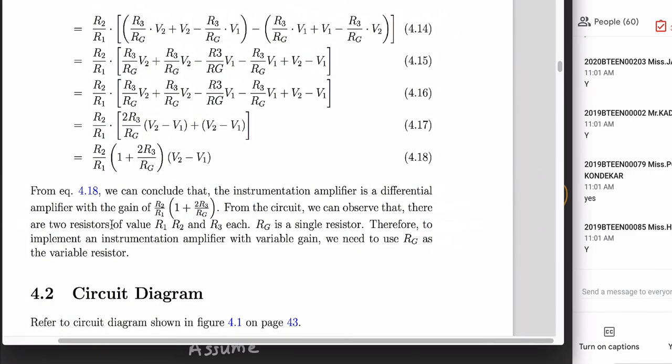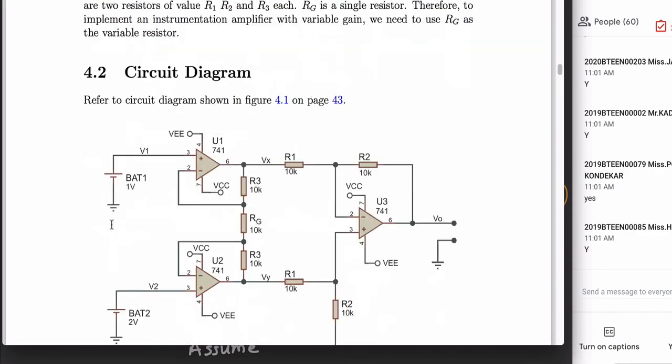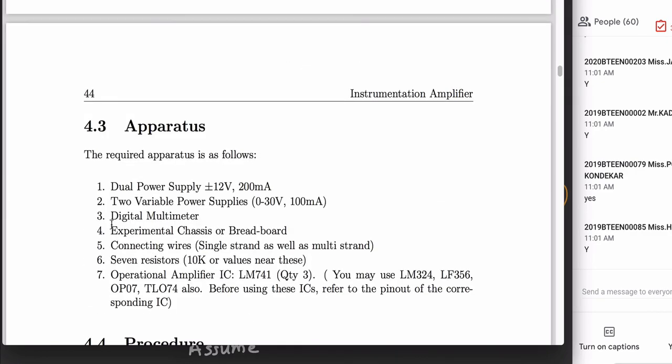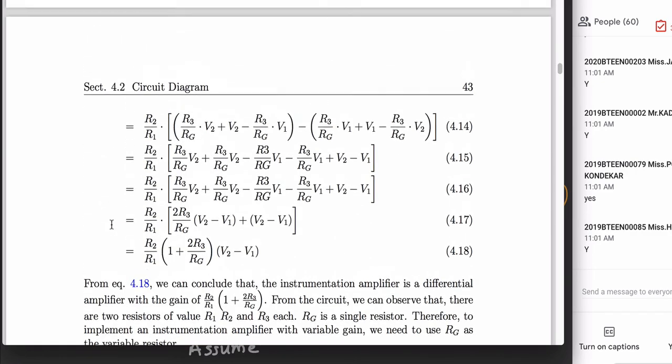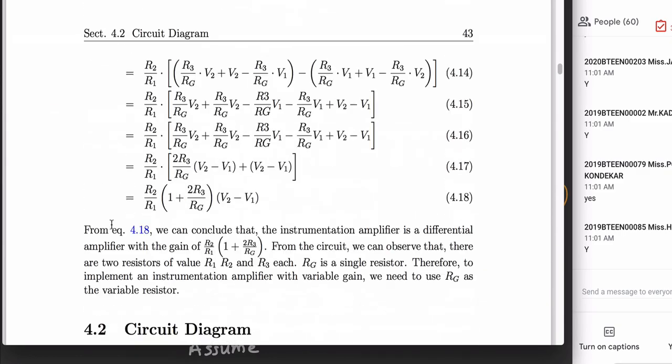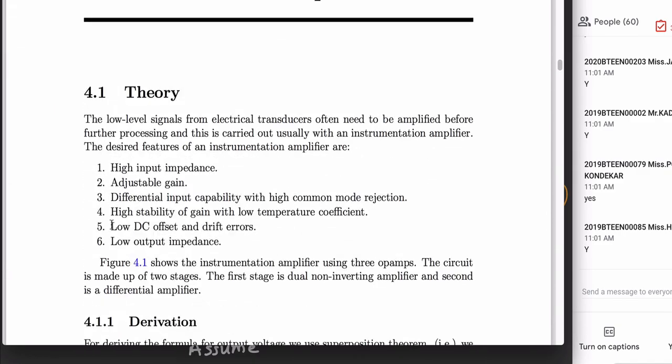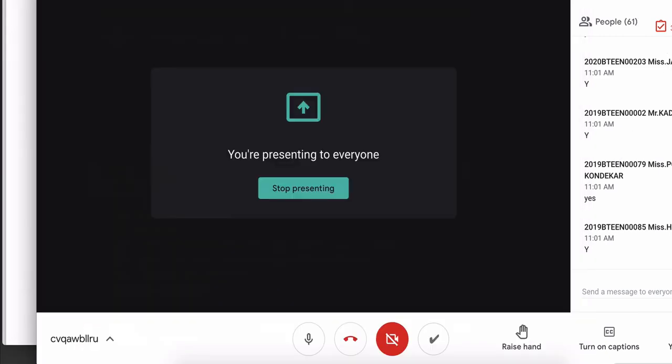So please go through this and read the experiment. Next time during the laboratory it will be easier for us to do the experiment. Okay, if time allows, you please draw this circuit diagram also using Proteus. ठीक है. Is this okay? Okay.